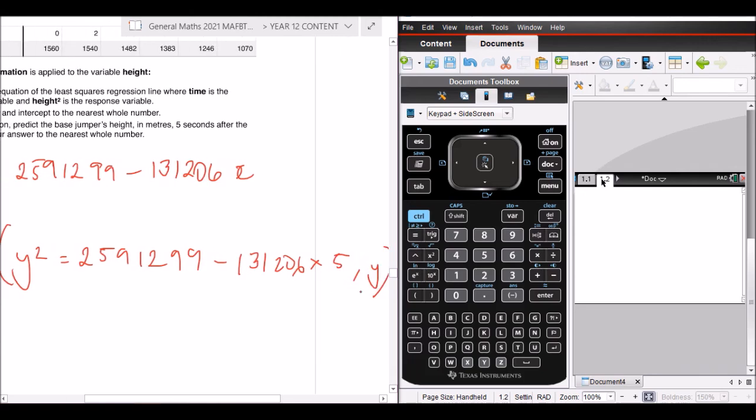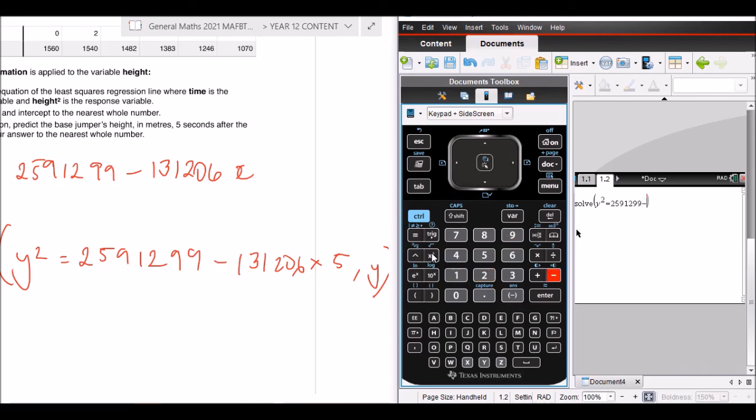All right, so let's type that into our calculator. Solve. Oh, sorry, I forgot to put the Y squared. Don't forget that, that's important. Y squared equals 259,1299.